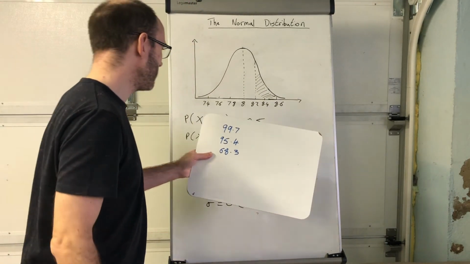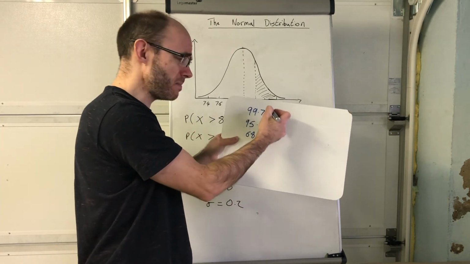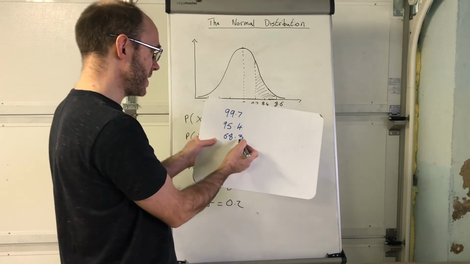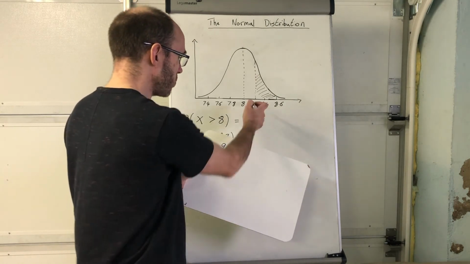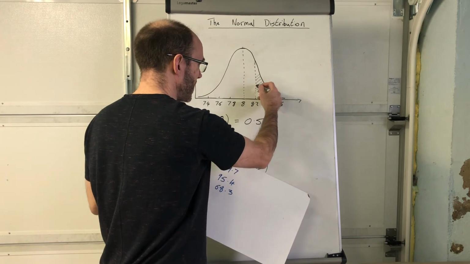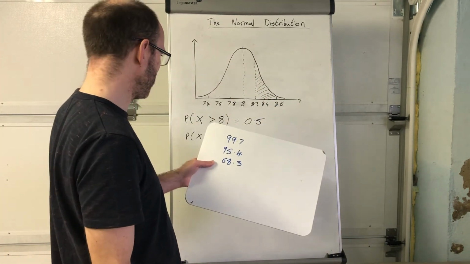You're looking at this being 3 standard deviations within the mean, this being 2 standard deviations, this being 1 standard deviation within the mean. Now that is 1 standard deviation, isn't it? So what you want to work out is the entire area of that bit there. That's what we're after.